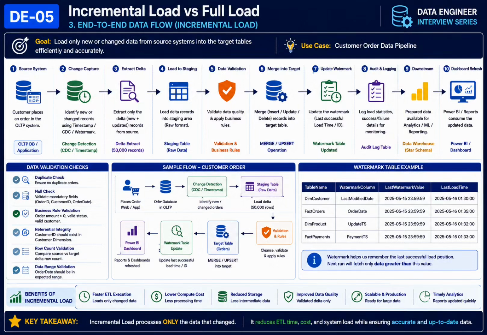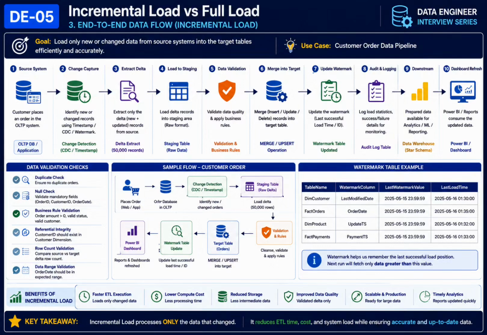The order is stored in the OLTP database. Then, when the ETL pipeline starts, it does not read the entire orders table. Instead, it checks a watermark value or timestamp to determine the last successful load. Using that information, it extracts only the records that are new or updated after that point.